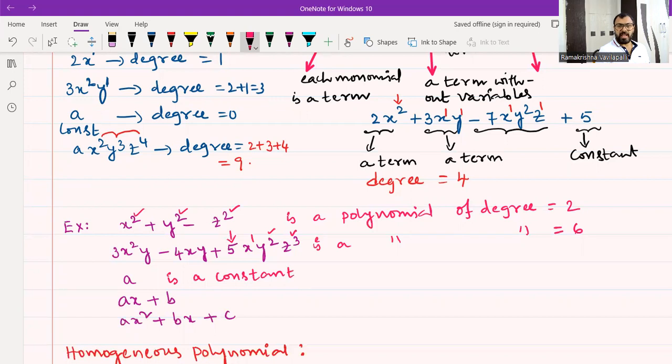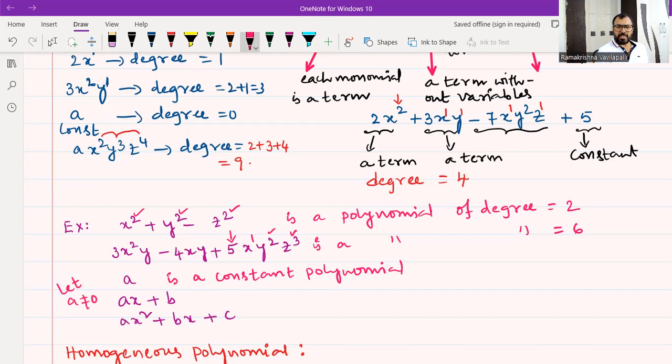Because it does not have any variables, that's why it is a constant polynomial. And you see ax plus b, here a is not equal to 0, assume. Let a not equal to 0.